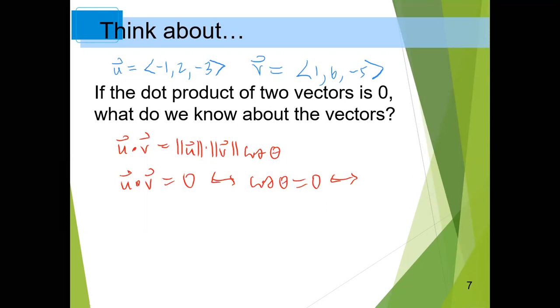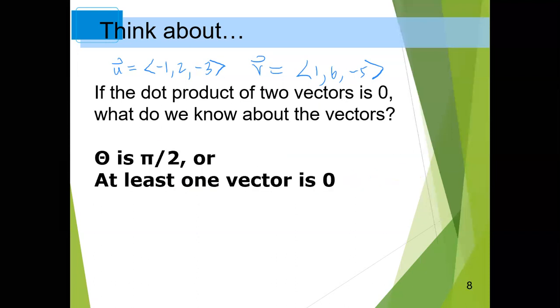If the angle is between 0 and pi, that only happens if theta is 90 degrees, pi over 2, yes? So that's a very useful bit of information that we can take to the bank and utilize at will. The minute we know the dot product is 0, we know that the vectors are perpendicular to one another, okay?